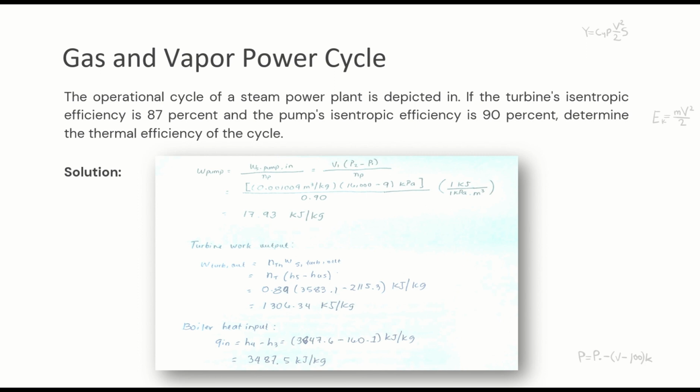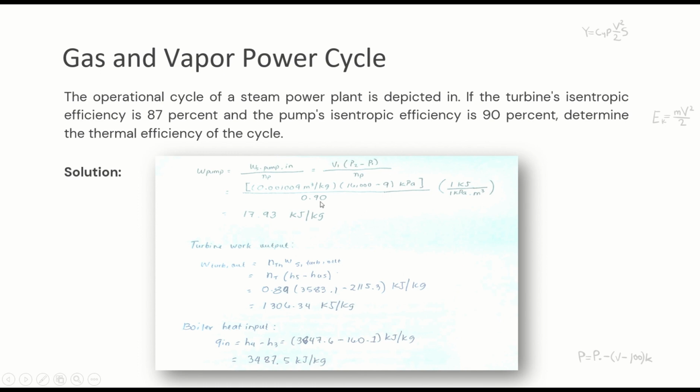Let's start by solving the work of the pump. The formula that we will be using is work, W_s, of pump in over η_P, equals v1 times the quantity of P2 minus P1, over η_P.